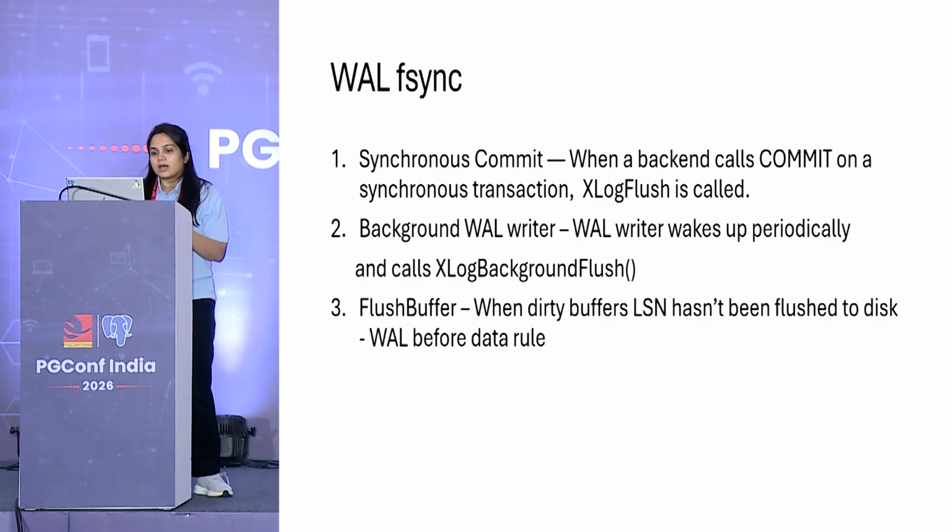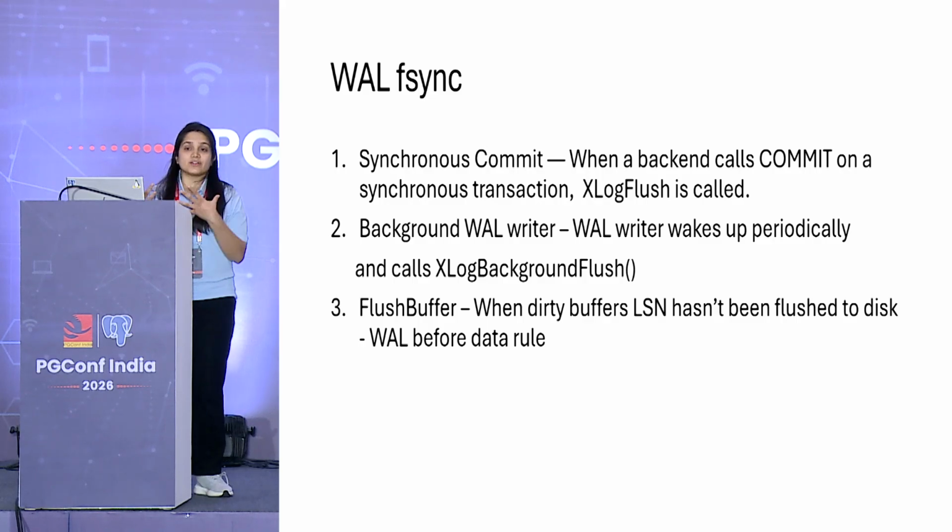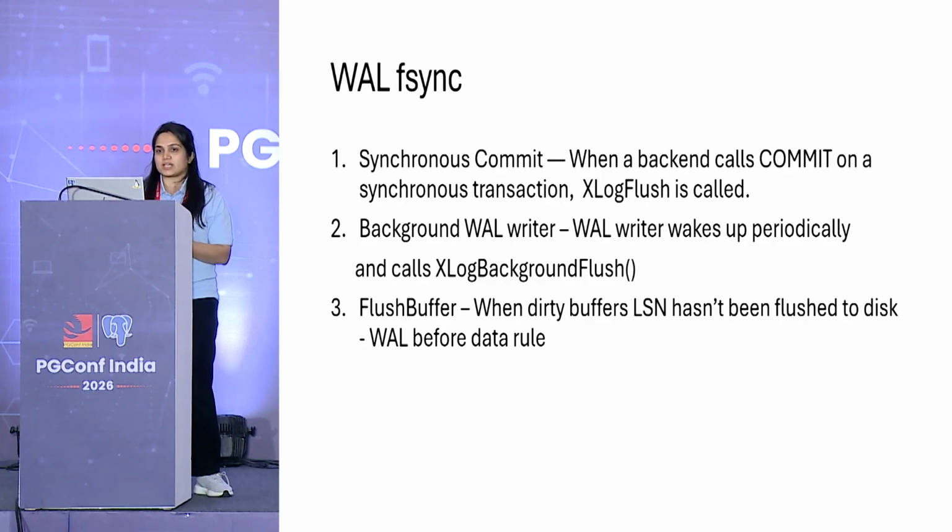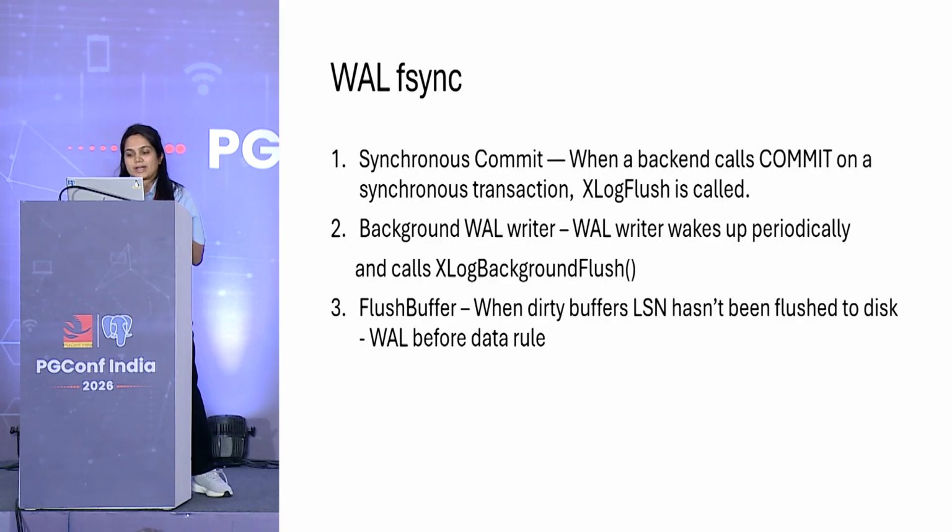It calls XLogFlush. There is another process called WAL writer, which is also responsible for making these WAL records durable. But WAL writer works in the background. It does not work in the foreground when you're running transactions, so it does not hamper the progress of transactions that way. It runs in the background and periodically tries to flush WAL. As your WAL buffer starts to grow, it tries to keep it in check, because otherwise, if it becomes full, it will start blocking your active transactions because they won't have any place to write WAL.